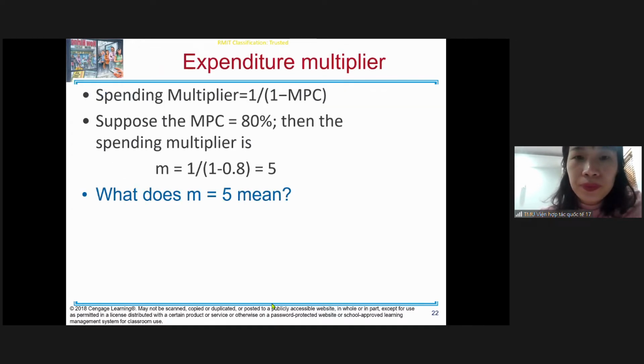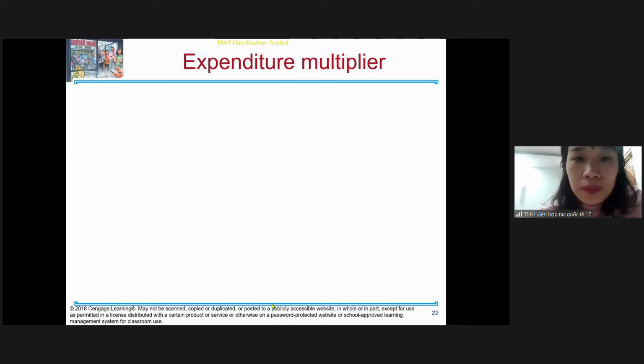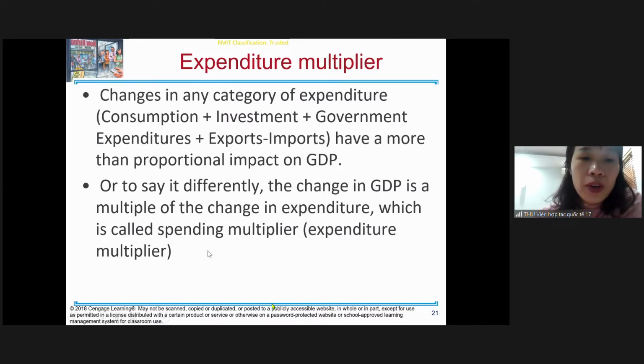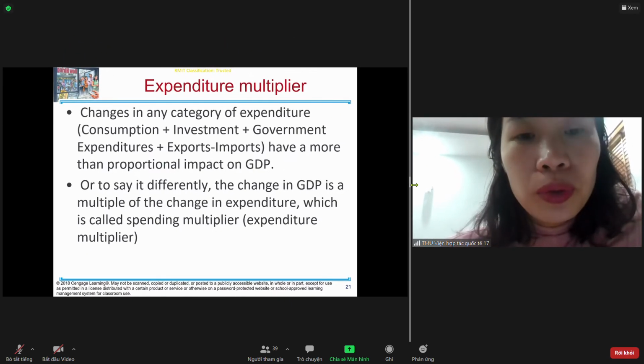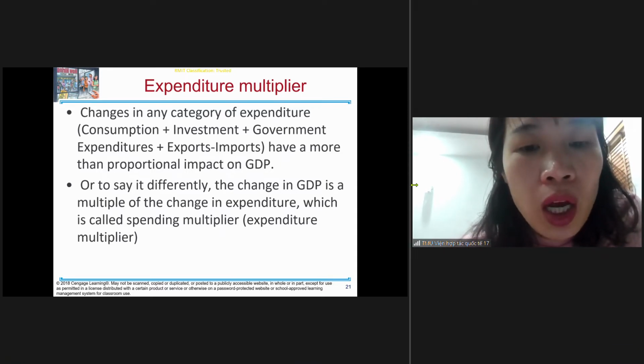Okay. So for example, if the multiplier equals 2, right? So we have a multiplier of the economy equal to 2.